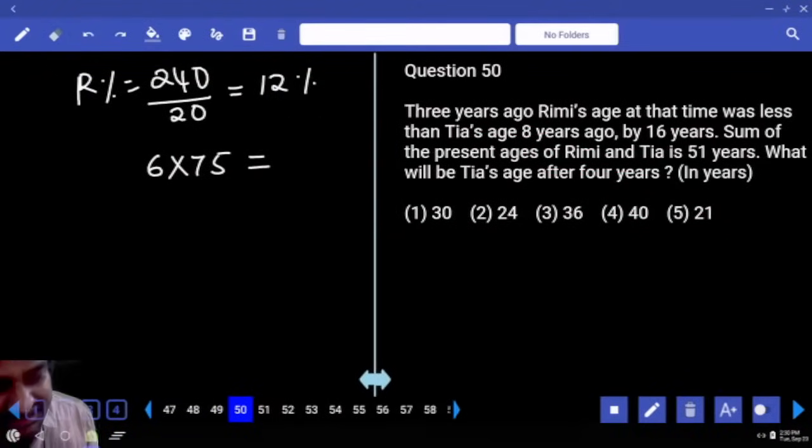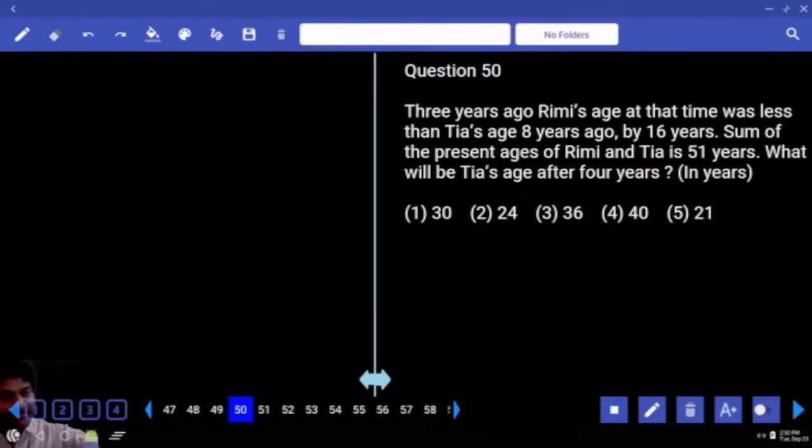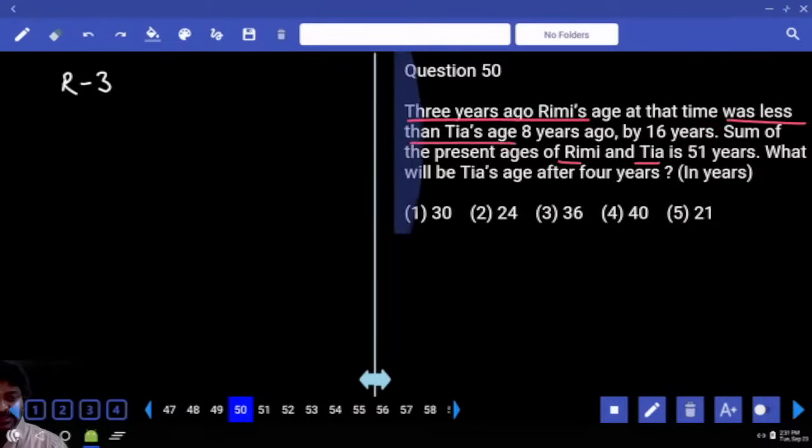3 years ago, Remi's age at that time was less than Tia's age 8 years ago by 16 years. Sum of ages of Remi and Tia is 51. What will be Tia's age 4 years hence? Let me take their ages as R and T. 3 years ago, Remi's age R minus 3 was less than Tia's age 8 years ago.